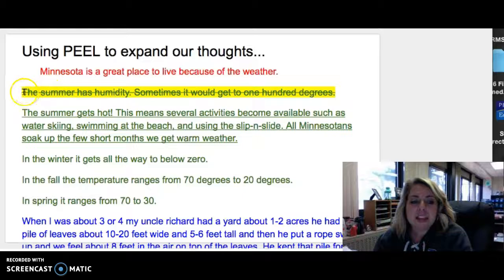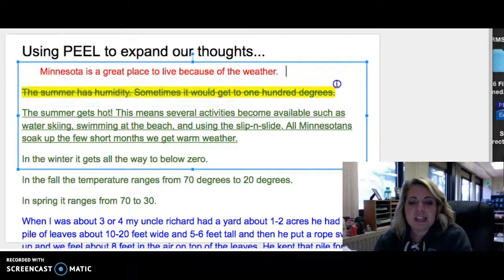So I don't like that he says that summer has humidity. It gets to 100 degrees because like I mentioned, I want people to understand why Minnesota is a great place to live and why the weather's so great. So instead, I'm going to reword it and change the connotation a little bit. The summer gets hot. This means several activities become available, such as water skiing, swimming at the beach, and using the slip and slide.